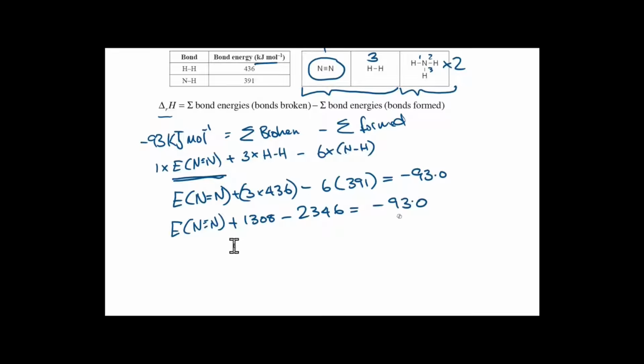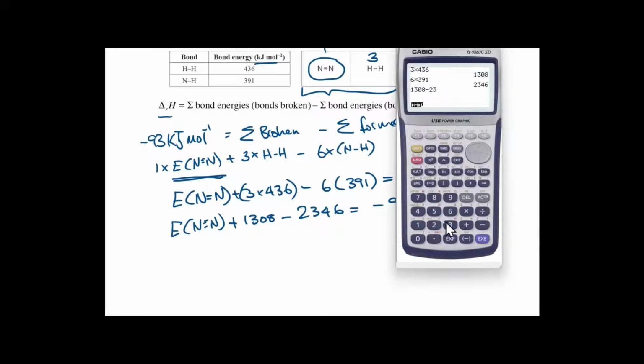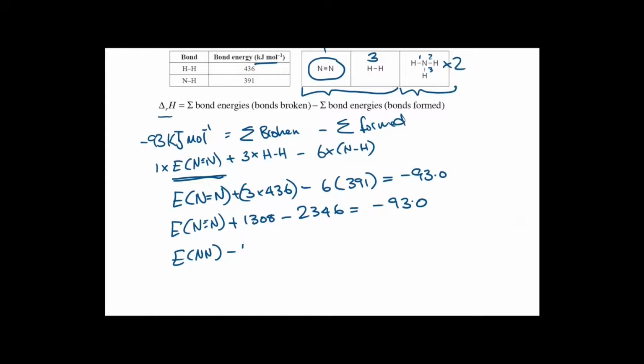Okay, let's work these out. So 1308 minus 2346 is minus 1038. Minus 1038 equals minus 93.0.